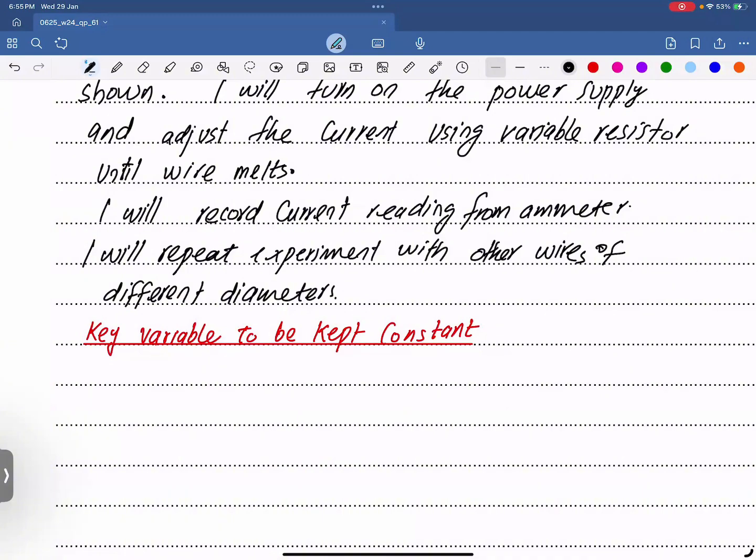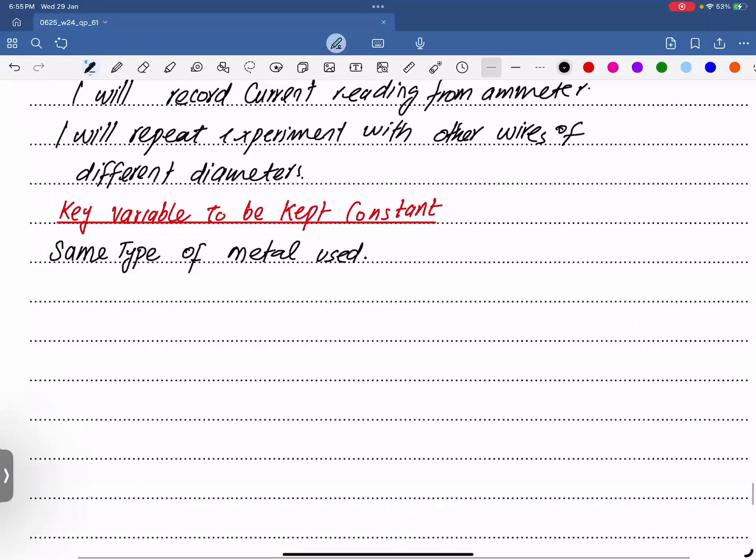So only option left is metal. So the type of metal, you can say same type of metal or metal wire, metal used. Okay, to make the comparison fair.